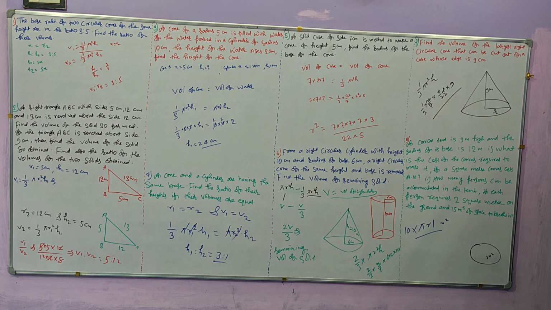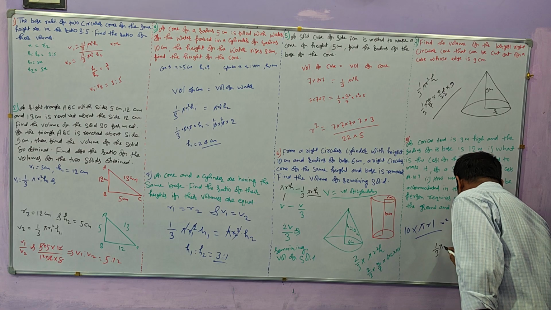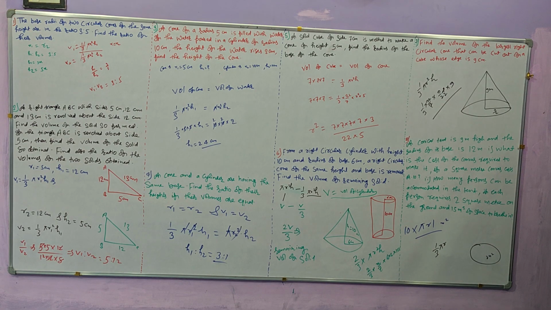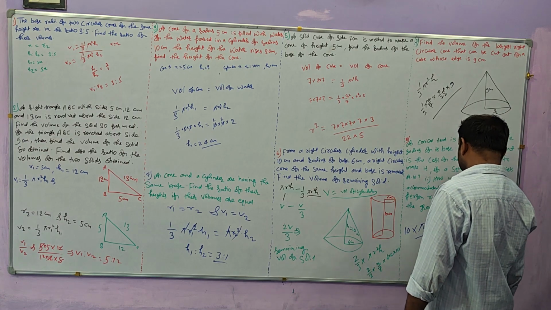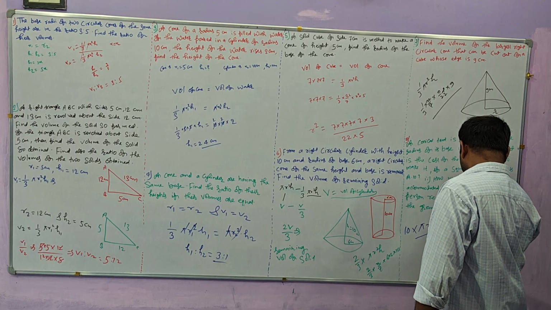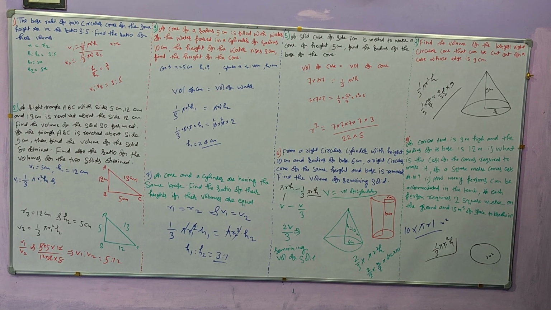And that is 1/3 pi R1 square upon h. So how much volume is there on the ground?